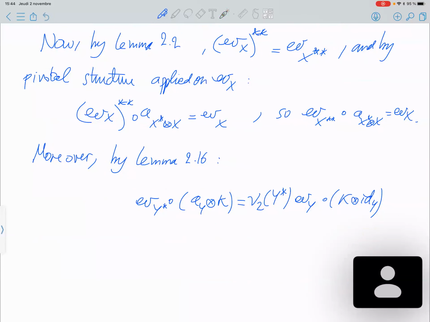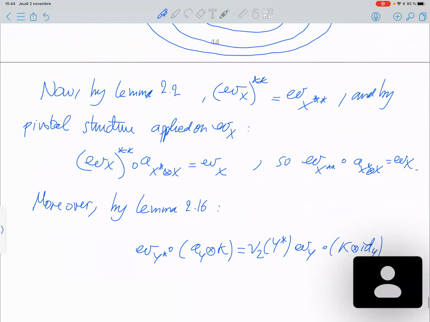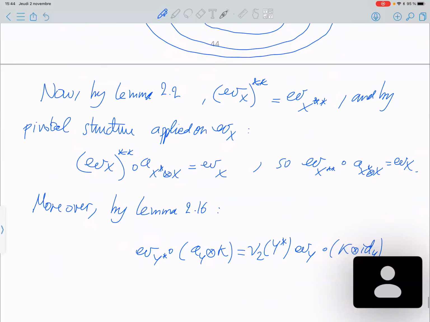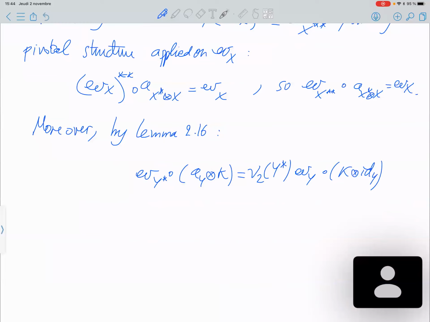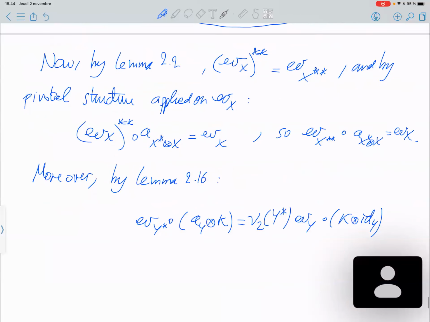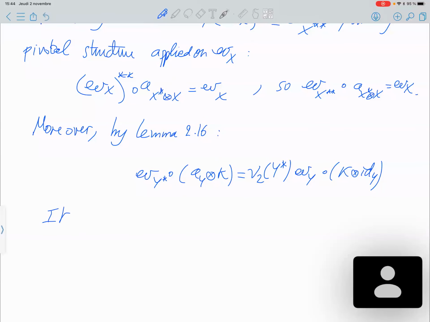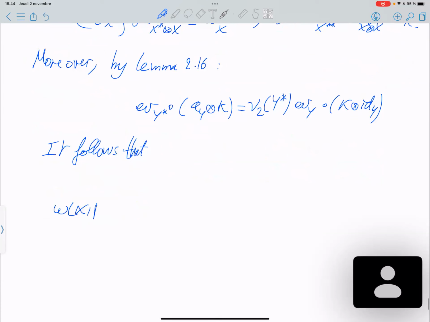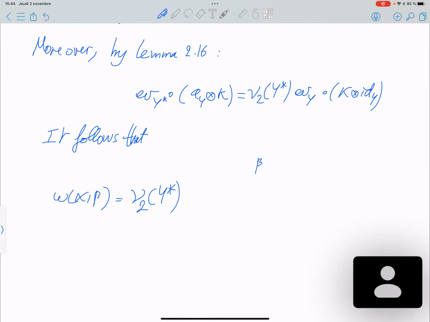So the result follows. By combining these two applications of Lemma 2.2 and 2.16, it follows that omega alpha beta is the second Frobenius-Schur indicator of Y star, beta, alpha.